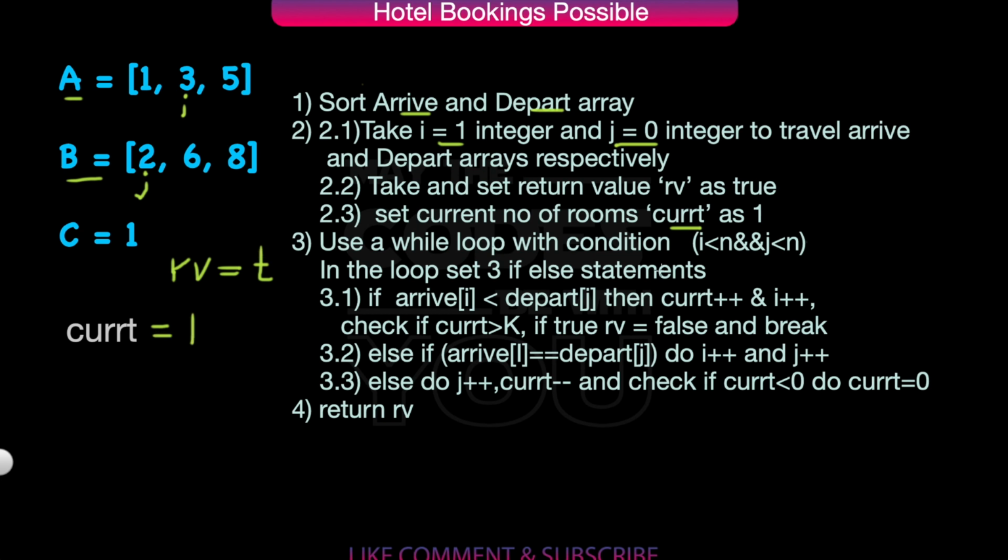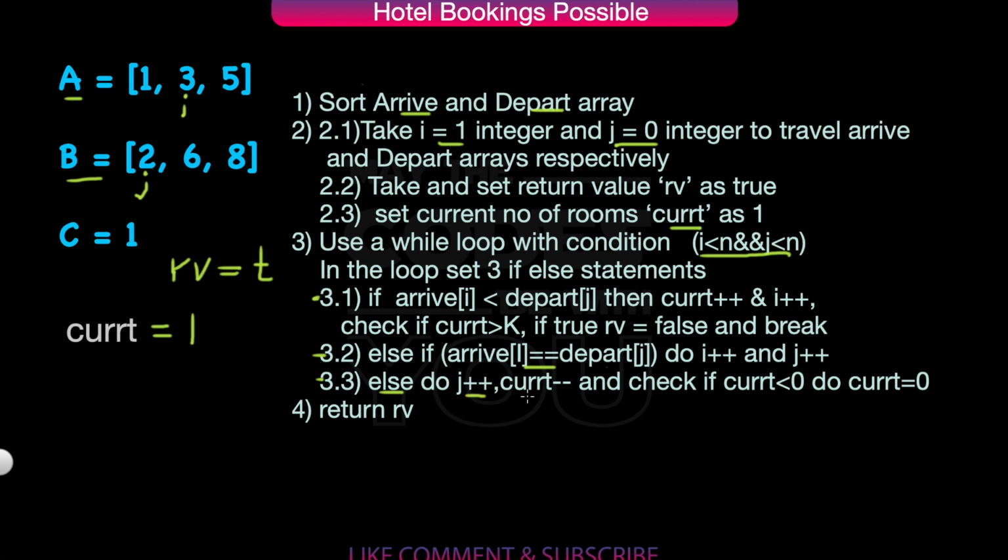Then we will run a while loop with the condition i less than n and j less than n, where n is the size of the arrival or depart array. It has 3 branches: first an if, then an else if, then an else. The first if condition is not satisfied, as arrive[i] less than depart[j] is not true, and arrive[i] is not equal to depart[j]. So we'll enter the else condition.